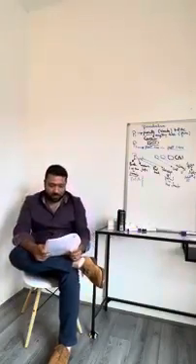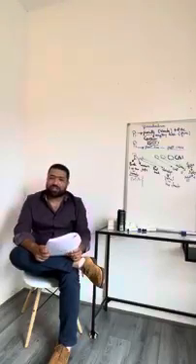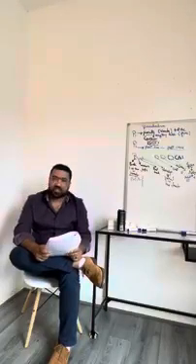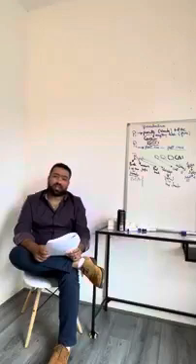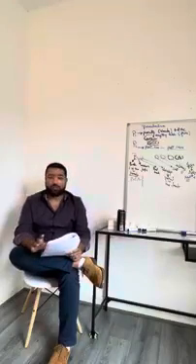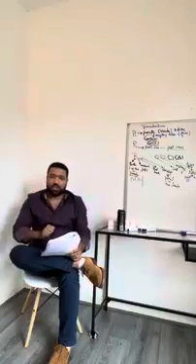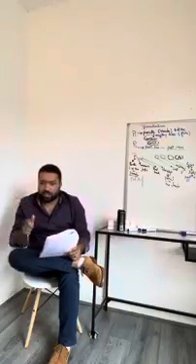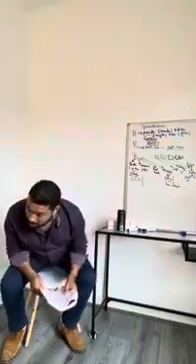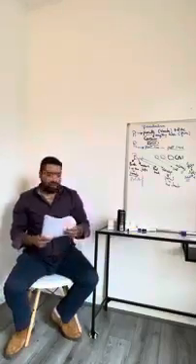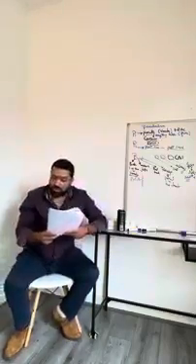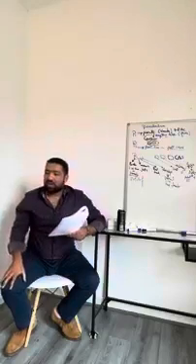Number 3, if the total bilirubin is more than 17, serious. If it's 10, 12, 13, it's fine. If it's more than 17, serious.